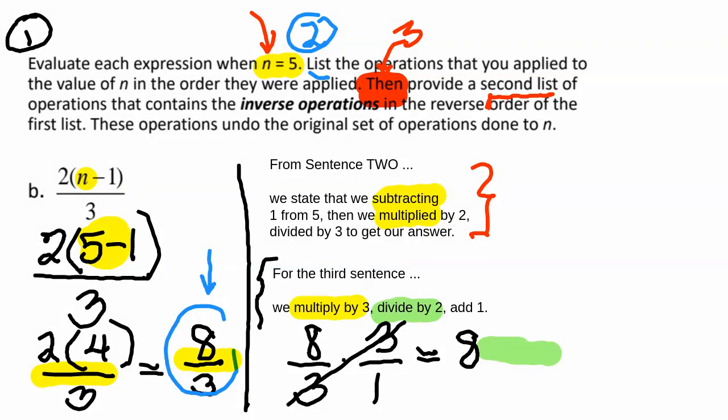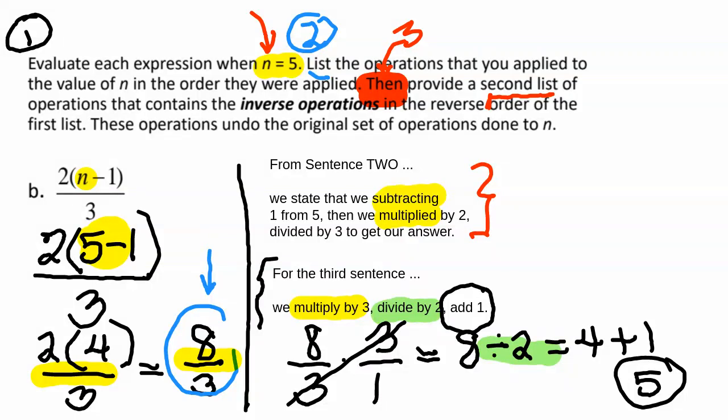Well, I'm taking 8 and I'm dividing by 2. This gives me 4. And then I add 1 to the 4 to get 5. I'm learning about inverse operations. And this is the end of 2-9. Enjoy.